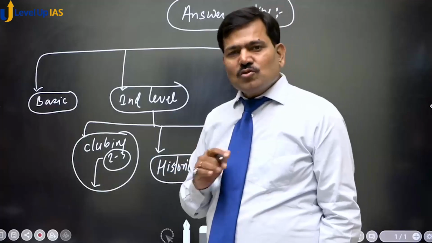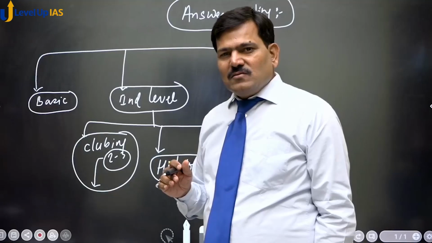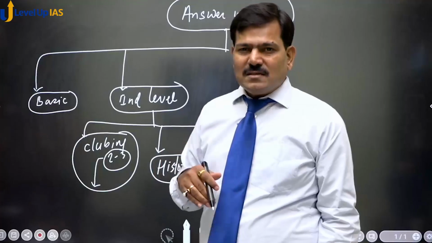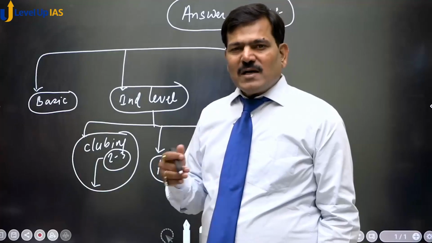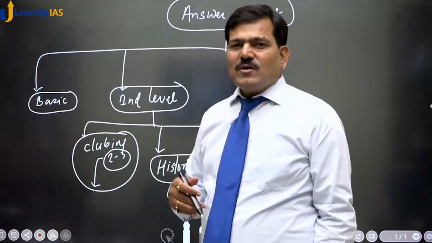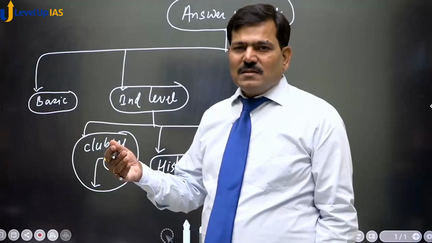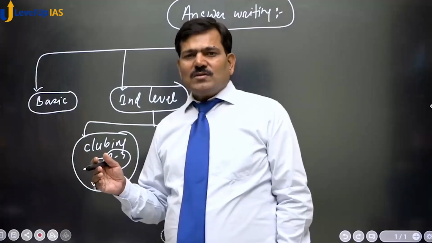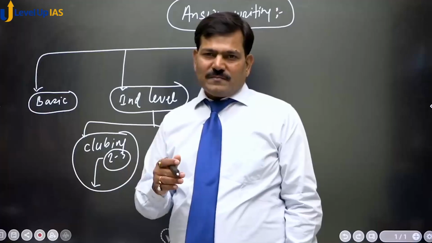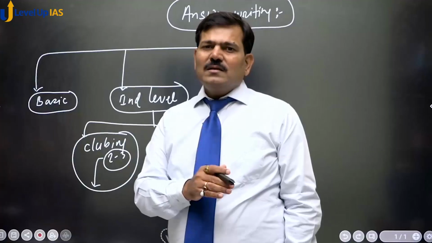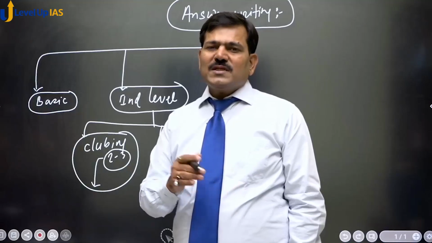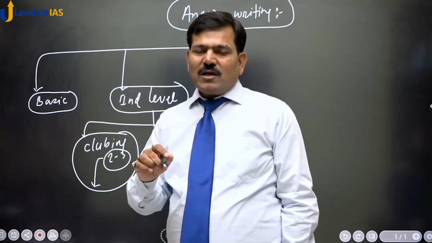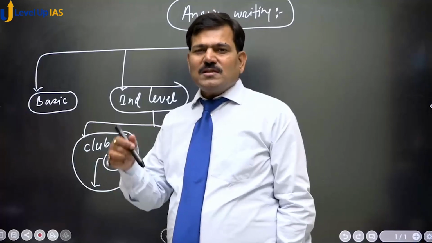There are so many schools according to whom history is written, like Marxist, Nationalist, subaltern, or imperialist. Historians have written according to their own ideology. The ideology will affect the objectivity of historians, and they'll be prejudiced. According to their prejudice, the history is written.